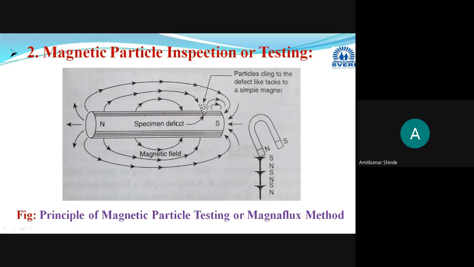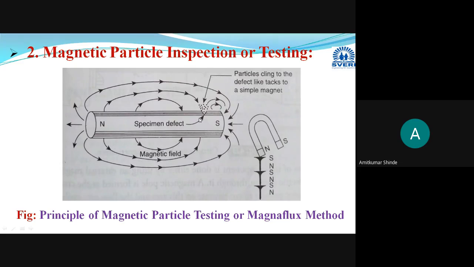In the second stage, ferromagnetic powder will be spread on the surface of that specimen. Suppose you want to detect a crack on this surface; the ferromagnetic powder is applied on this surface. This is the second stage.